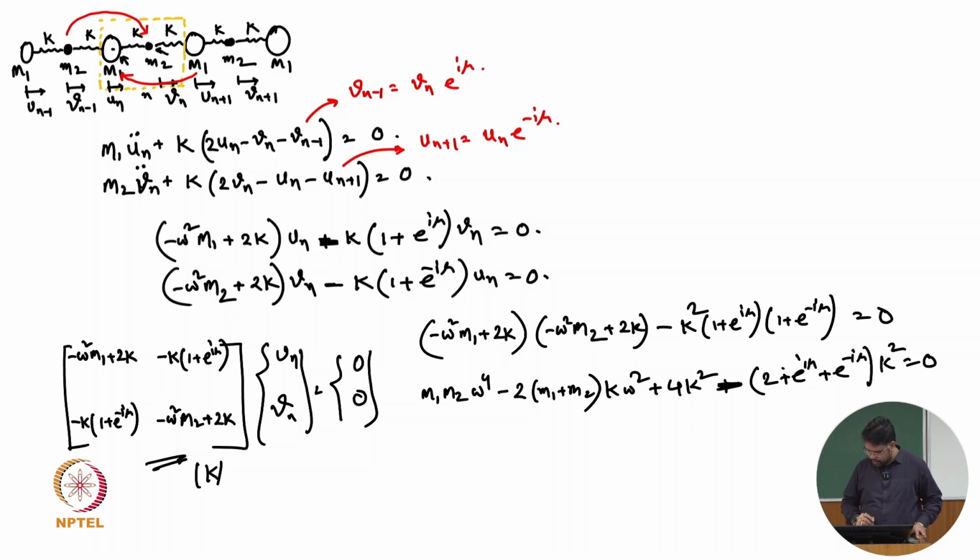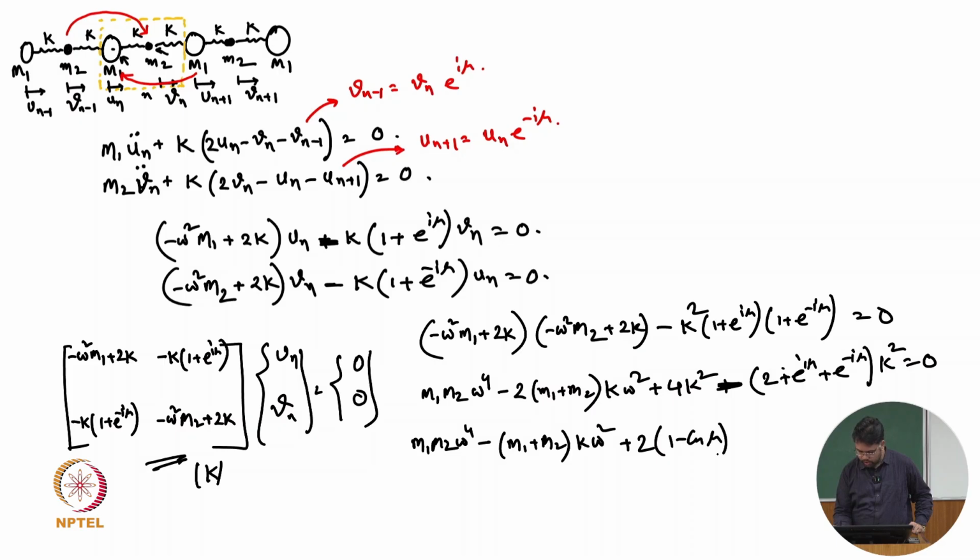So from here we can rewrite it like m1 m2 omega to the power 4 minus 2 m1 plus m2 k omega square plus 2 into 1 minus cos mu into k square, that should be equal to 0.